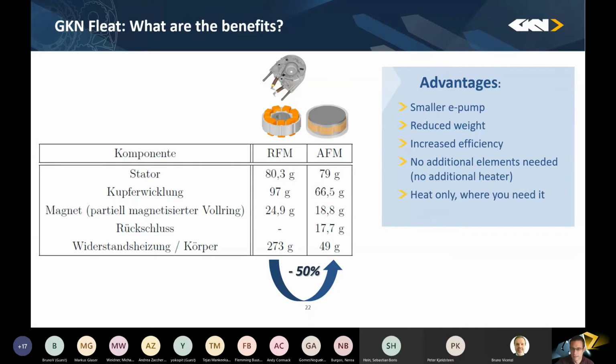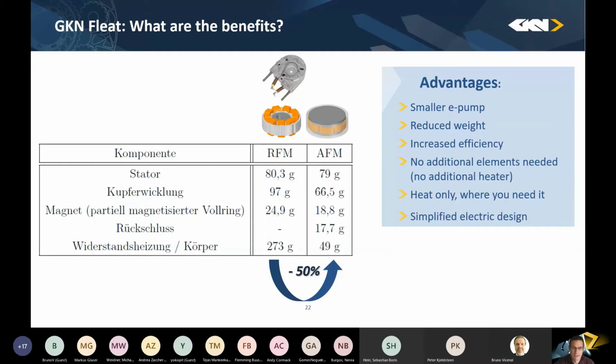We only heat the fluid where it's needed, especially for the urea system, which I showed at the beginning. That's quite important. If you need to heat up a large area of fluid, it takes longer, and as long as the media is frozen, you can't pump it and you can't clean your exhaust gases, and therefore it's very important to be able to start operation as fast as possible.